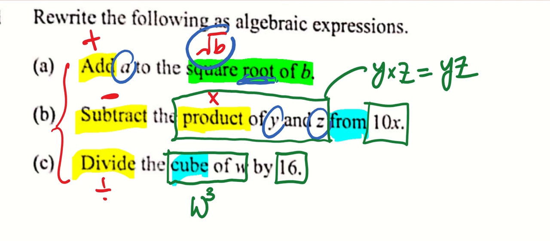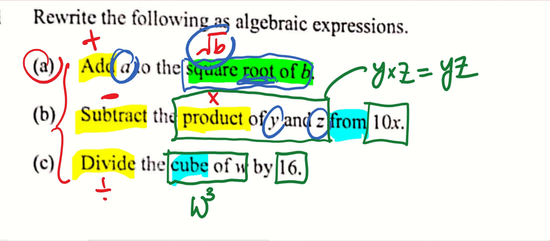For instance, I add A to B. There are two items here, A and B, and I need to add them up together. Your task is to look at the rest of the sentence to figure out what the two items are, sometimes even more. So in this case, in part A, the first item is A, and the second item is the square root of B. I have found my two items.